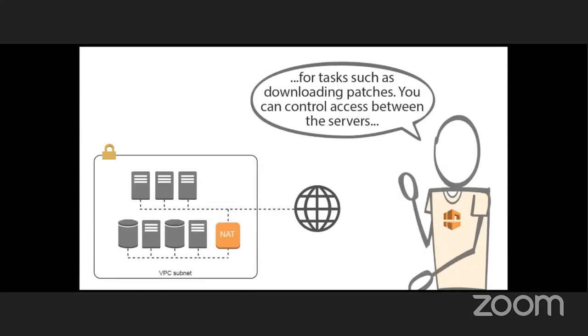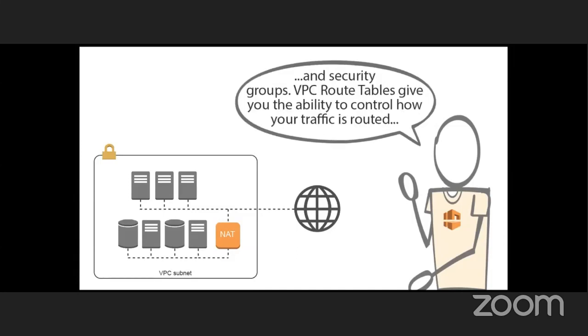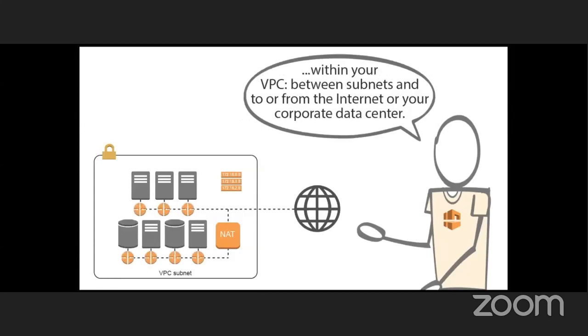You can control access between the servers and subnets using inbound and outbound packet filtering, provided by network access control lists and security groups. VPC route tables give you the ability to control how your traffic is routed within your VPC, between subnets and to or from the internet or your corporate data center.